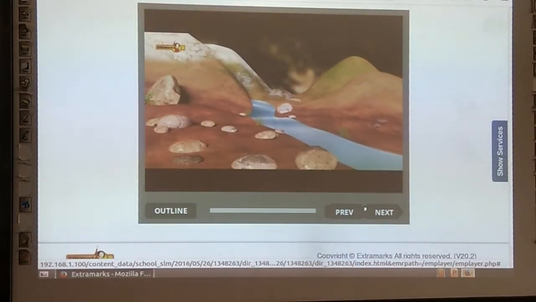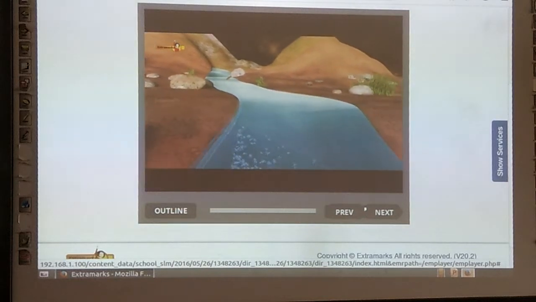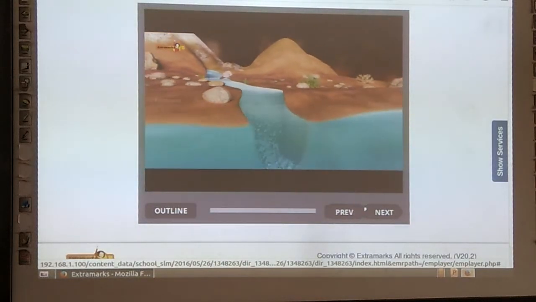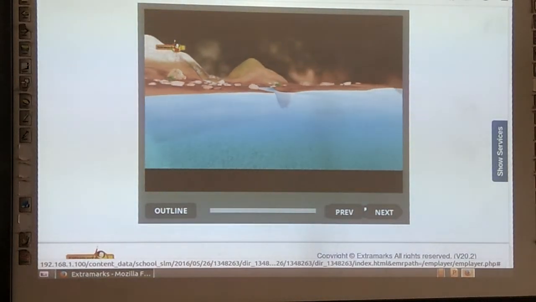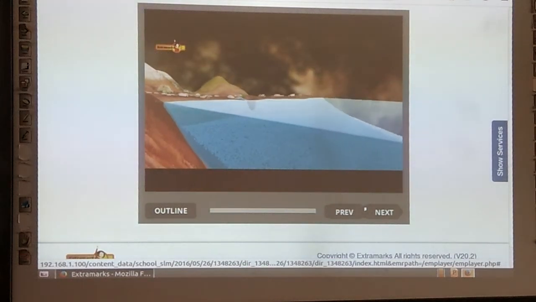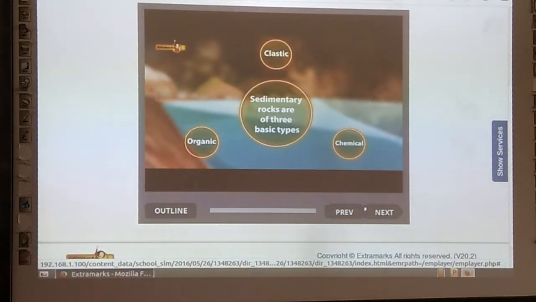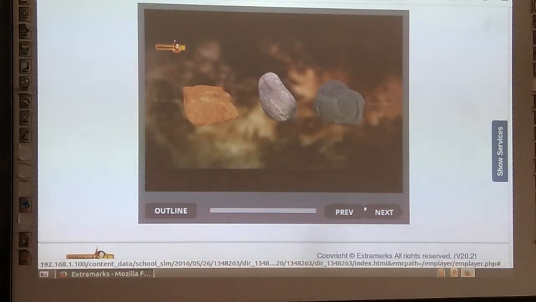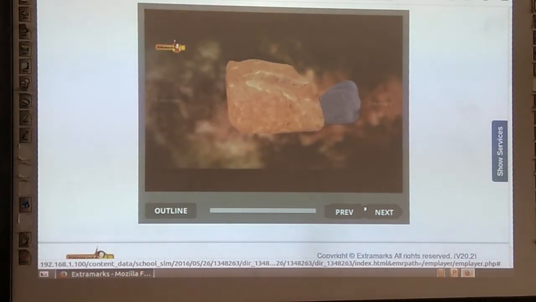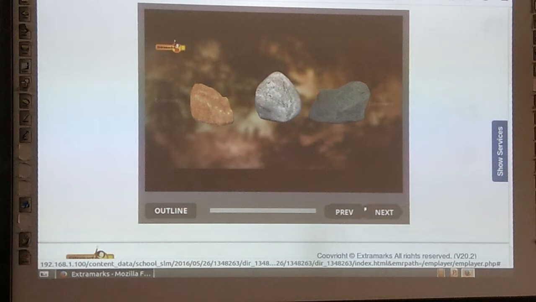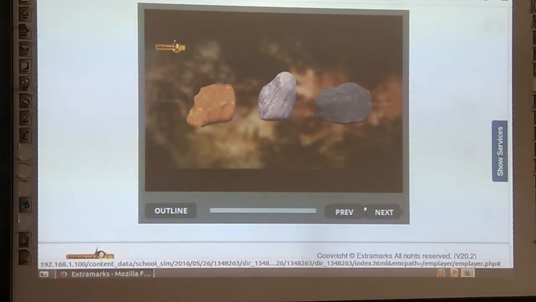In short, sedimentary rocks are formed from other rock materials, since they are made up from the buildup of weathered and eroded pre-existing rocks. Sedimentary rocks are of three basic types: clastic, chemical, and organic. Clastic sedimentary rocks such as sandstone, siltstone, and shale are formed from mechanical weathering debris.